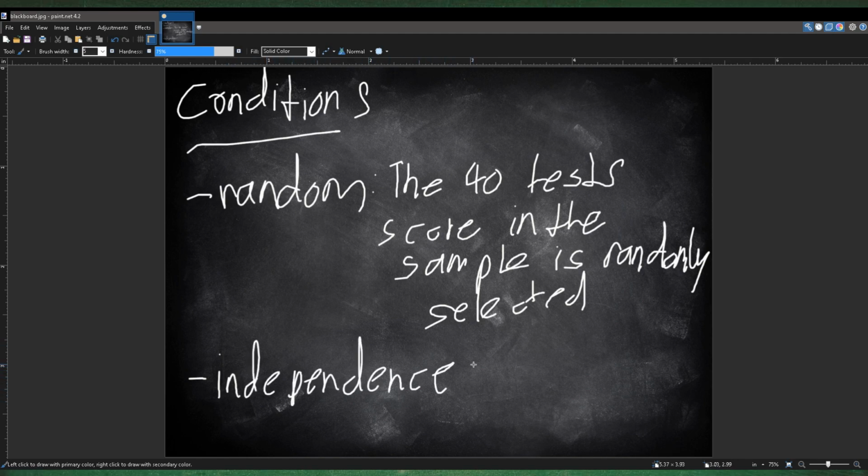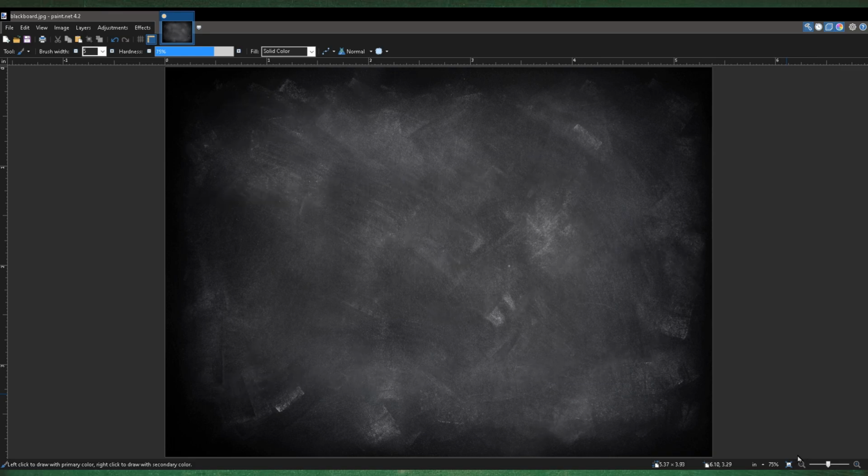And then independence. Just because you score a 40 or an 80 on one test doesn't mean you're guaranteed another 80 on another test. That's what it's saying. So test scores are independent of each other. And we need to do the other ones before I run out of space.